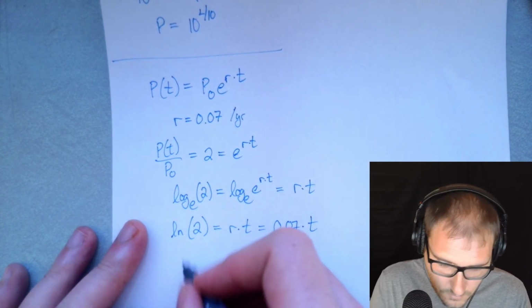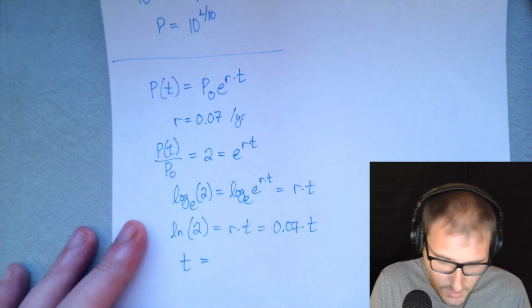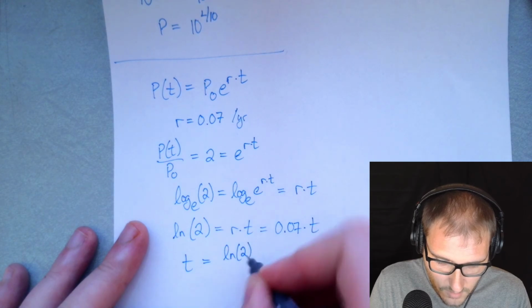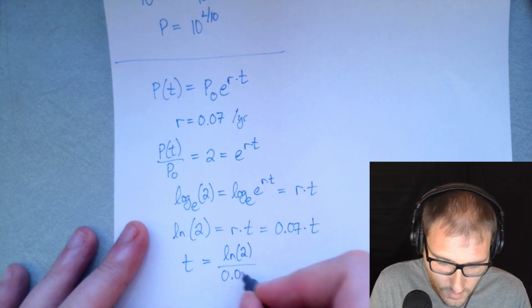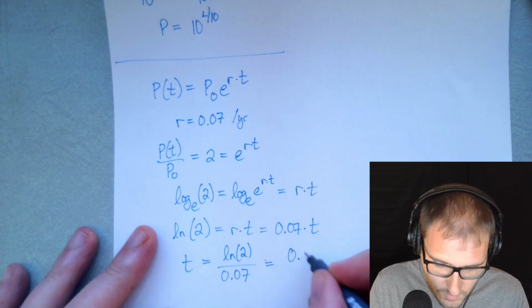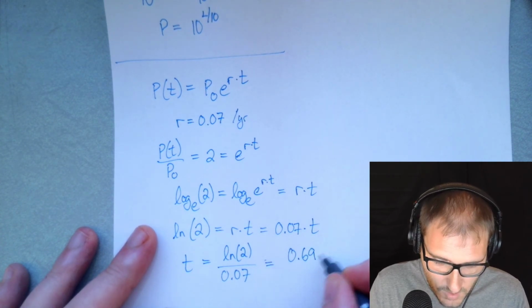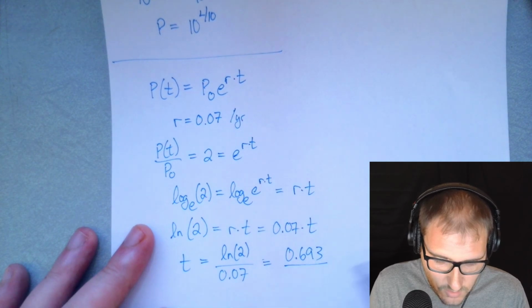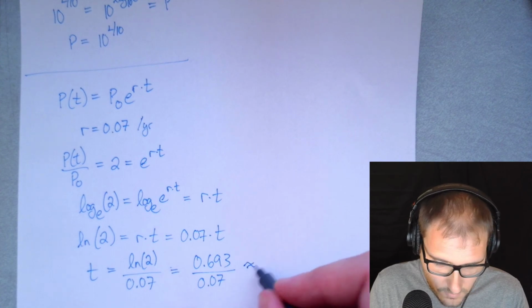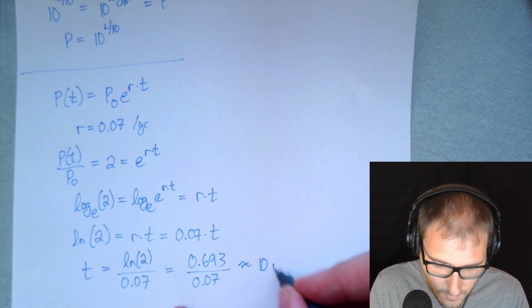So the time it takes to double my money in this case is, I grab my calculator and figure out what log 2 is, then divide by 0.07. The natural log of 2 happens to be 0.693, something like that. So this is close to, I don't know, 10 years at a 7% interest rate.